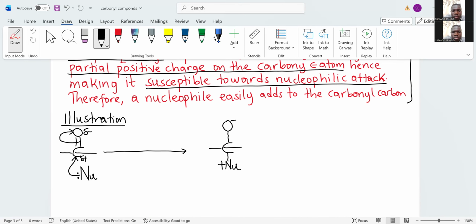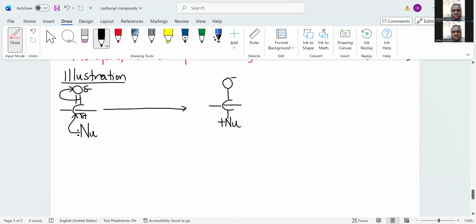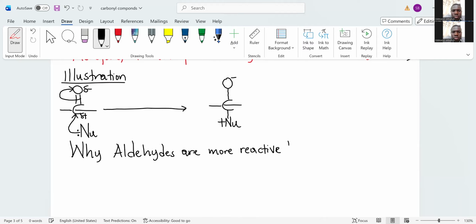So in the next session, I am going to explain why aldehydes are more reactive than ketones towards nucleophilic addition reactions.